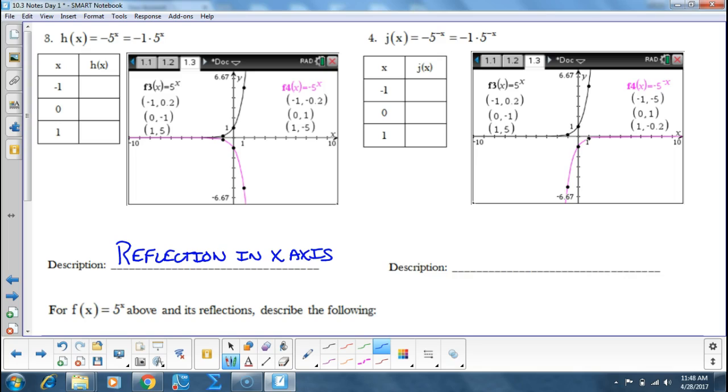We put the negative out in front and we put the negative up in the exponent, and that became a reflection in the x-axis and in the y-axis. It's reflected in both.